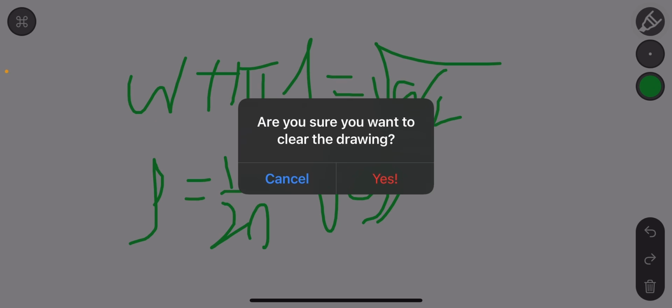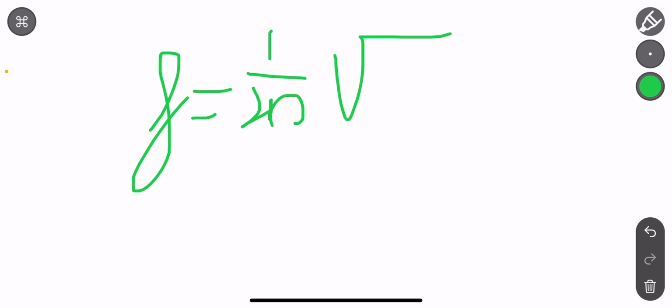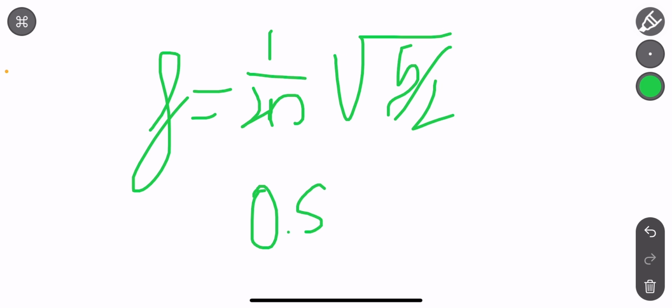Once we plug in the numbers, we'll have 1 over 2 pi times the square root of g over L. When we plug in the numbers, it's going to give us 0.5, negative 1.